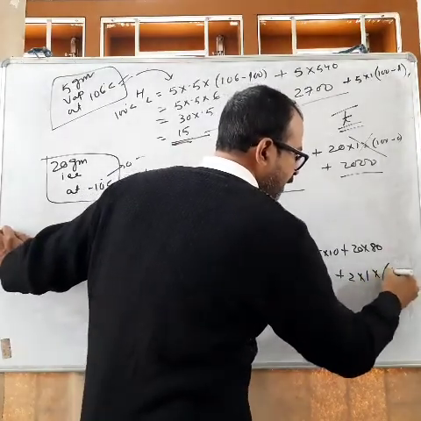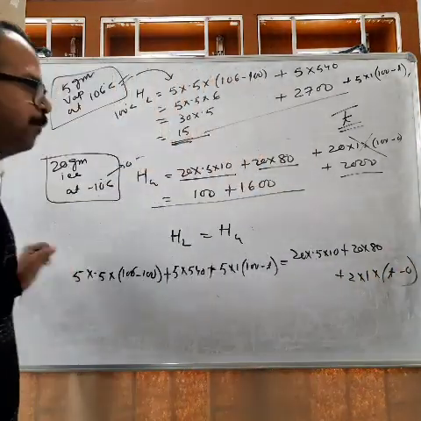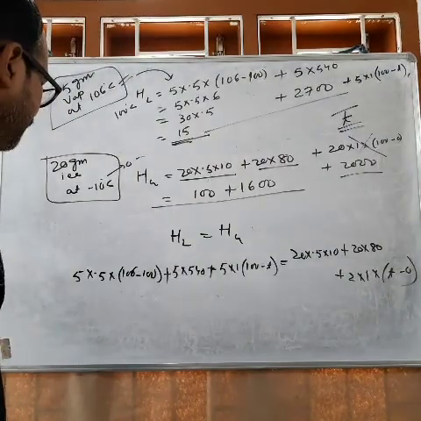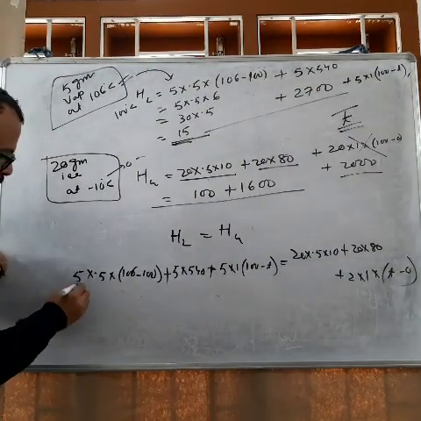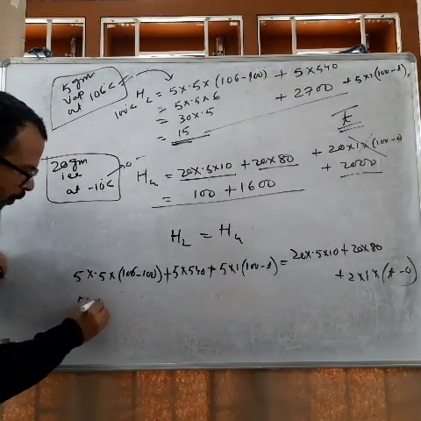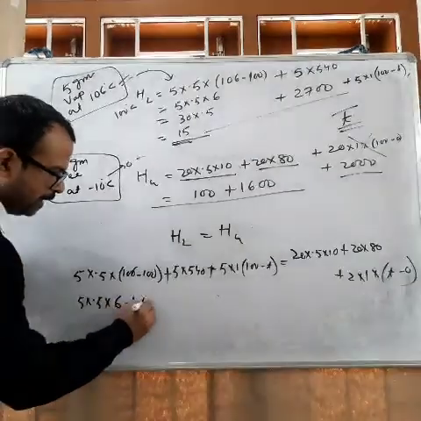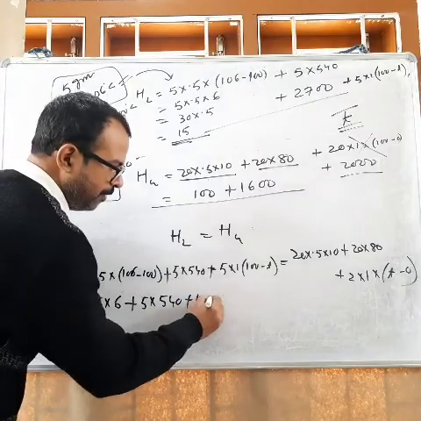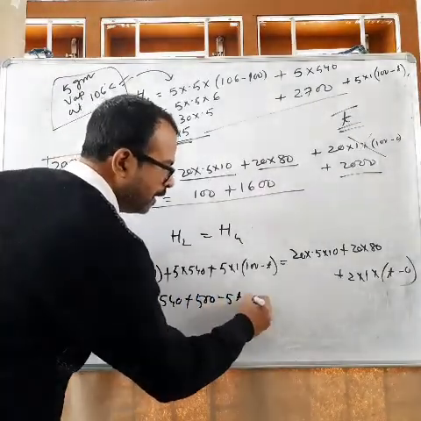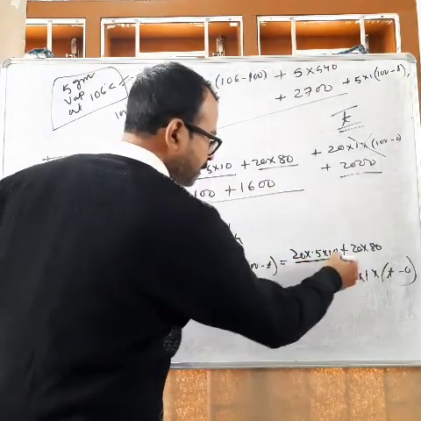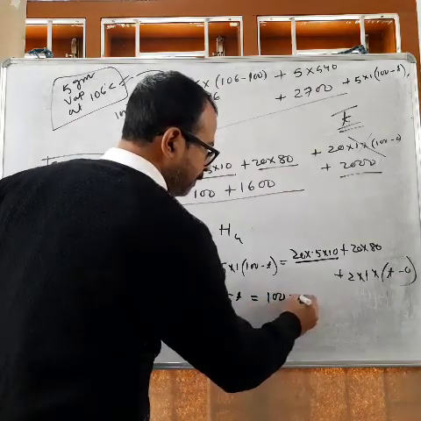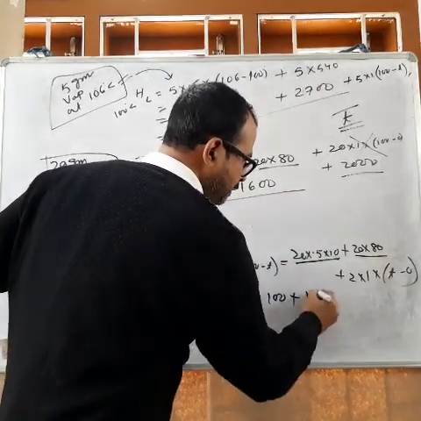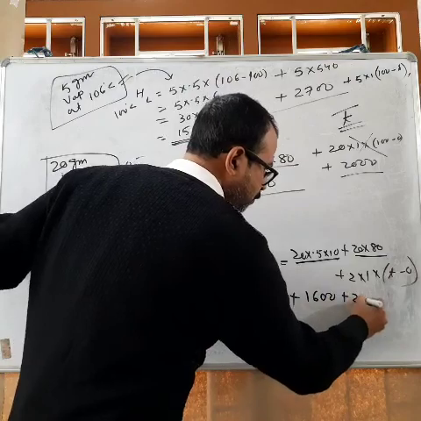It is increasing temperature from 0 up to T degree. So it is 5 into 0.5 into 6 plus 5 into 540 plus 500 minus 5T equal to this one, 100 plus this is 1600 plus 20T.